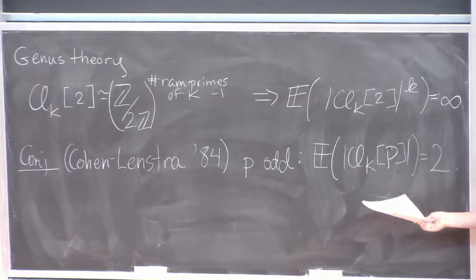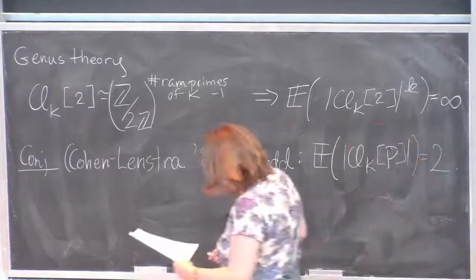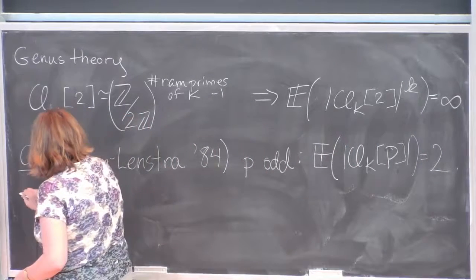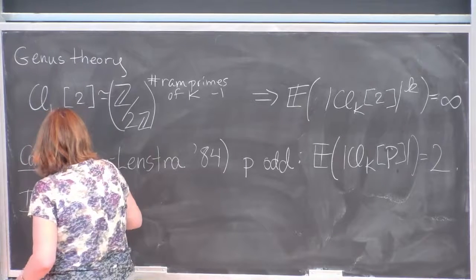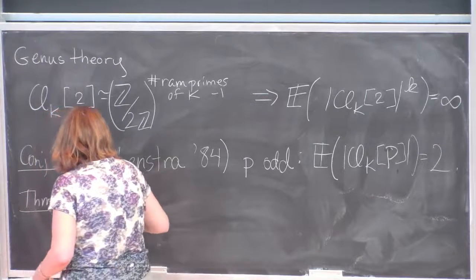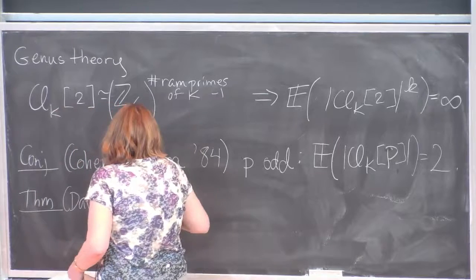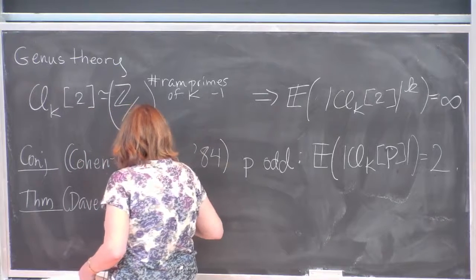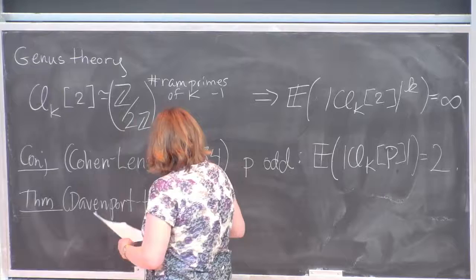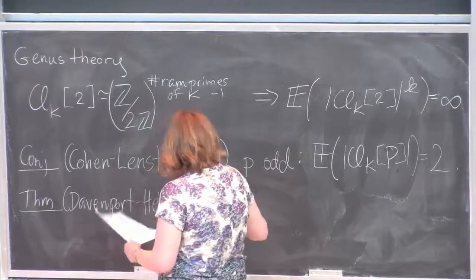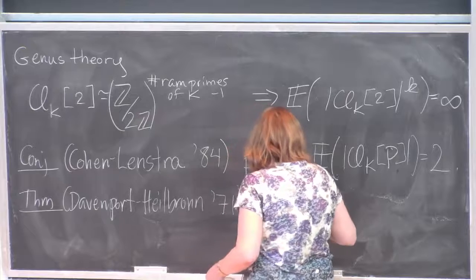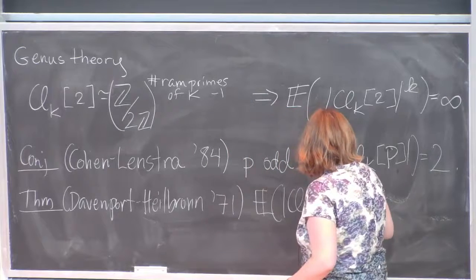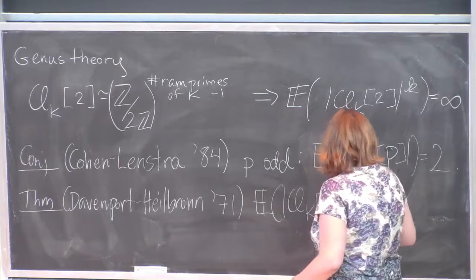And we know this conjecture only in one case, which is the theorem due to Davenport and Heilbronn from 71, that the average of the 3-torsion is indeed 2.